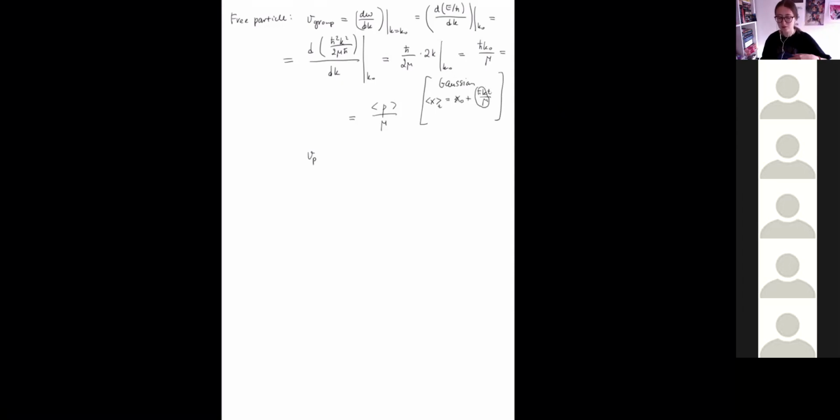So indeed the Gaussian packet moves with the group velocity, which is h bar k over mu.